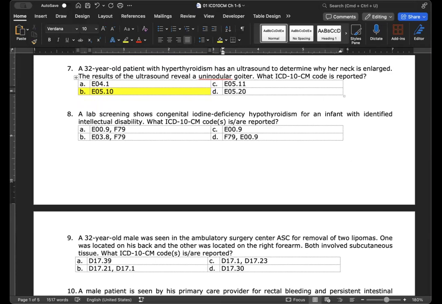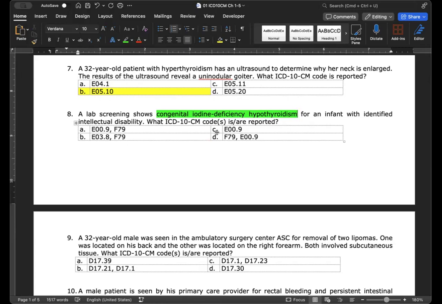Let's look up the congenital iodine deficiency hypothyroidism first. We'll go to hypothyroidism. Underneath hypothyroidism, we're going to go to iodine deficiency and then congenital.